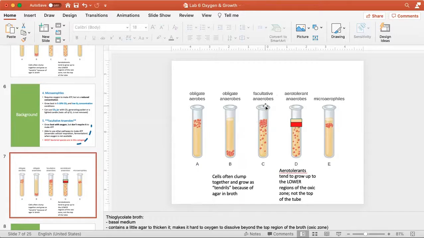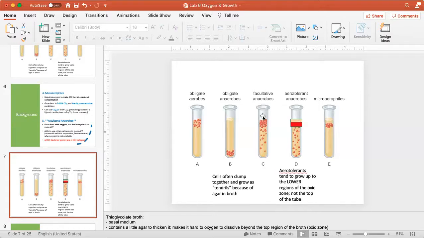So I want you to take a minute and compare a facultative anaerobe with an aerotolerant anaerobe. I've added in some colored squares here to try to fix the drawing. Remember, an aerotolerant also grows best up at the top, but only the lower half of the oxic zone.